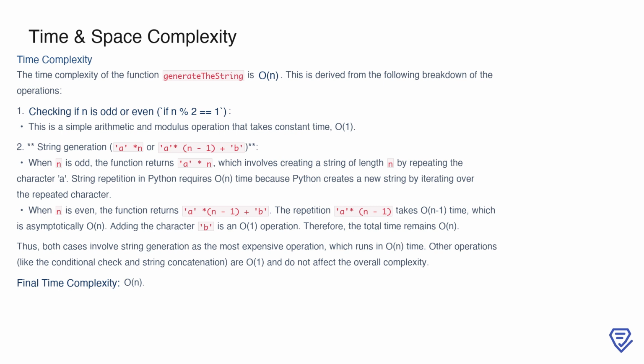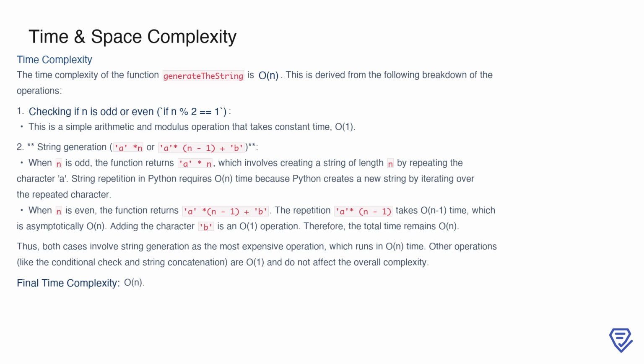The repetition part takes O(n-1) time, which is asymptotically equivalent to O(n), and appending the character b is an O(1) operation. Since O(n) dominates the overall time here, the final time complexity is O(n). All other operations, like the conditional check and the string concatenation, are constant time and do not significantly affect the overall complexity.